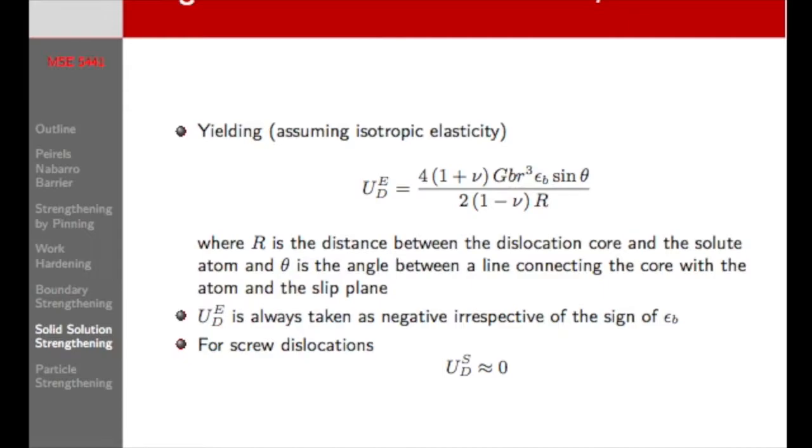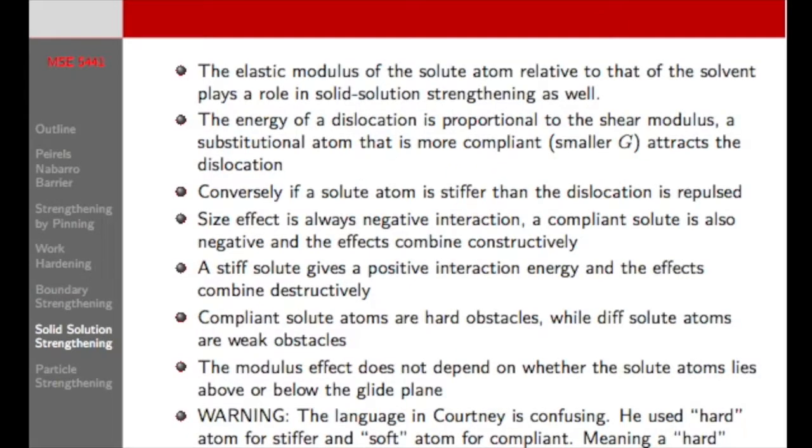Those are the main physical things that go into the energy. Remember, this is always taken as a negative energy, always an attraction. For perfect screws, it's 0, so we're always going to be somewhere in between. Again, the mathematics is not very important for this, just the key terms that go into it.